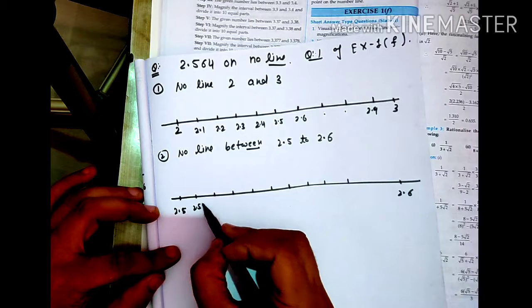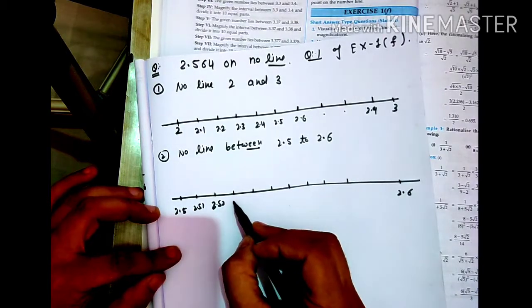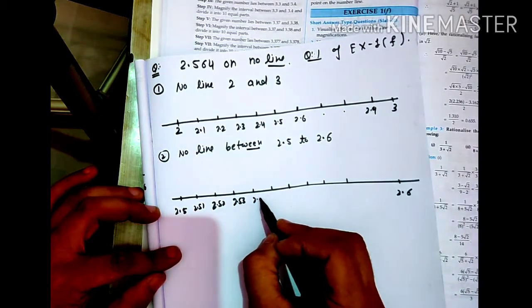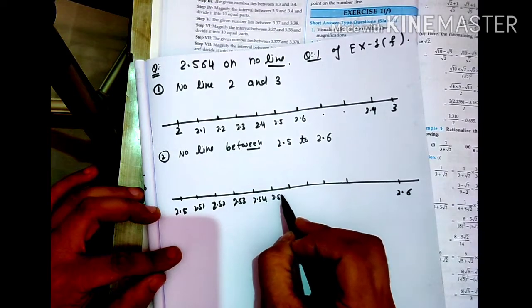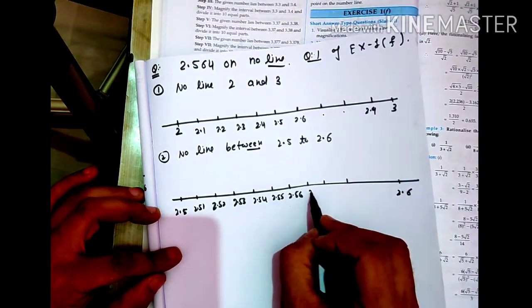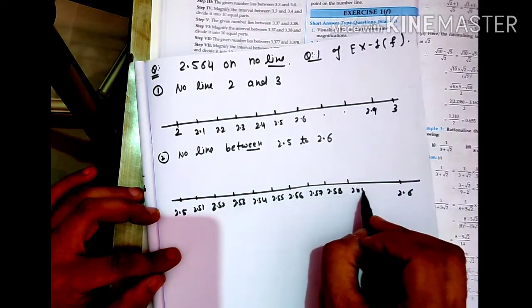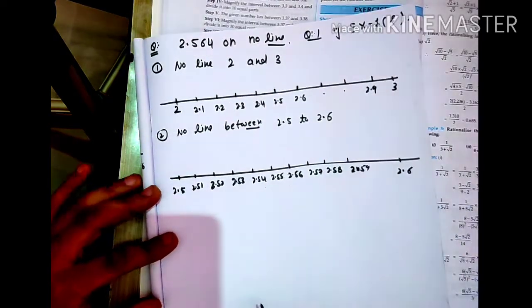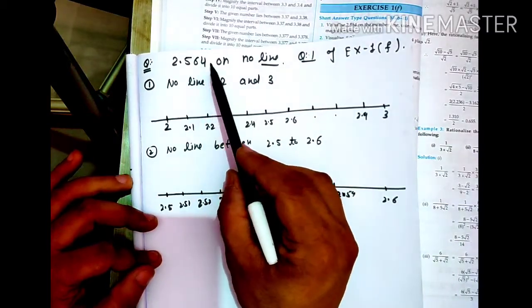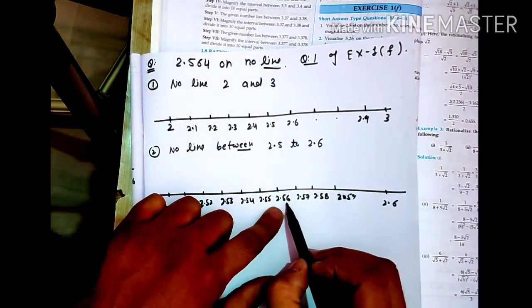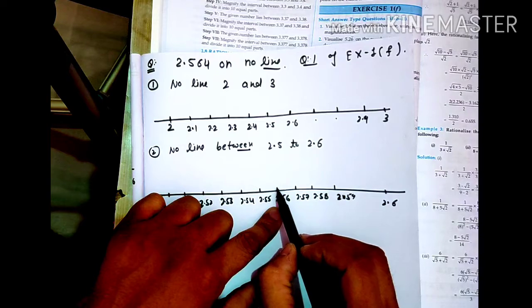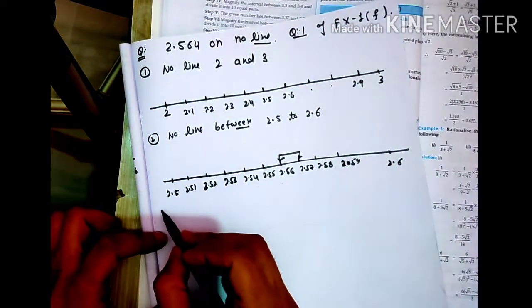So this would be 2.51, 2.52, 2.53, 2.54, 2.55, 2.56, 2.57, 2.58, 2.59 and then 2.6. Now 2.564 will lie between 2.56 and 2.57.